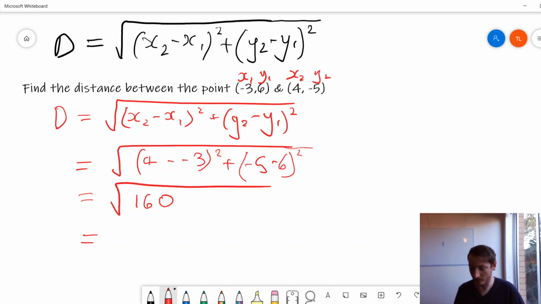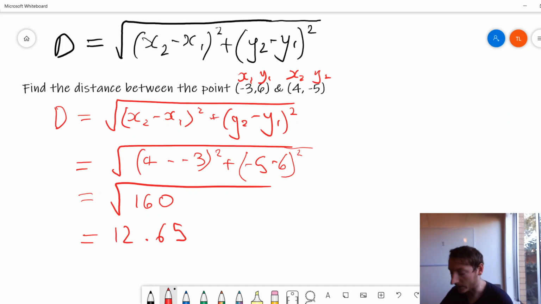Square root of 170, which would be about 12.7. So 170, 13.04 to 2 decimal places. There we go. The distance between those 2 points is 13.04.